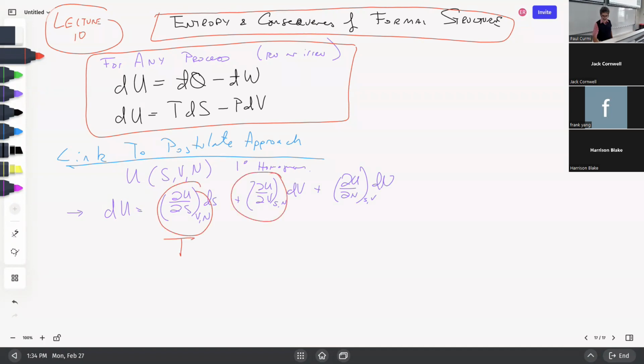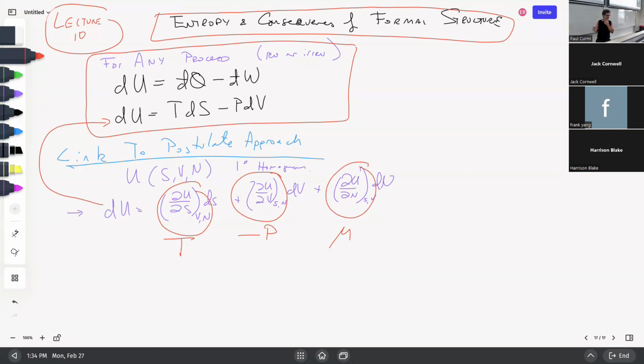This is minus pressure, and this is my chemical potential. So we had that way, way early. All I'm doing is differentiating, and this is equivalent to that guy, because that guy is only about state parameters. Okay?